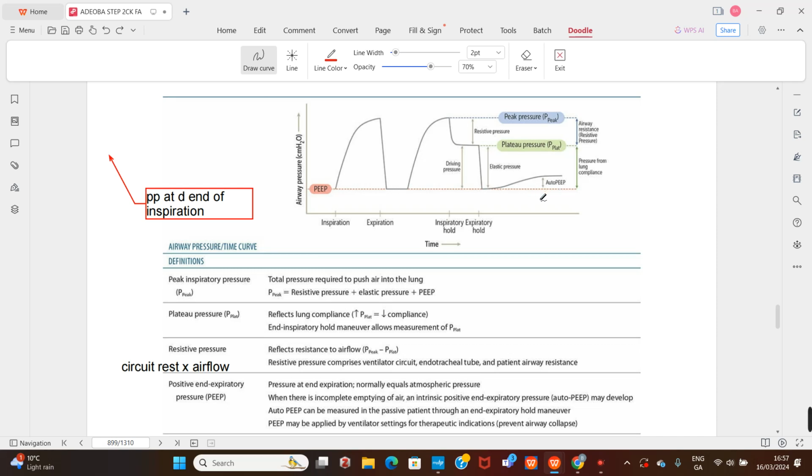But in someone that has COPD, extra air is being trapped. So you notice that this pressure is going to rise at the end of your expiration when you hold it. And that difference between your normal baseline PEEP and the peak of that curve is telling you the extra amount of PEEP that has been added, which is your auto PEEP.